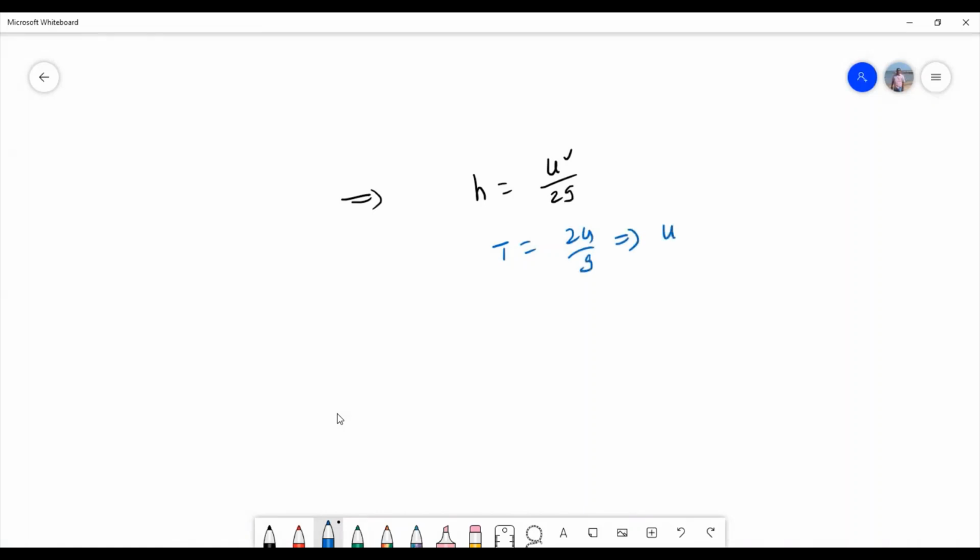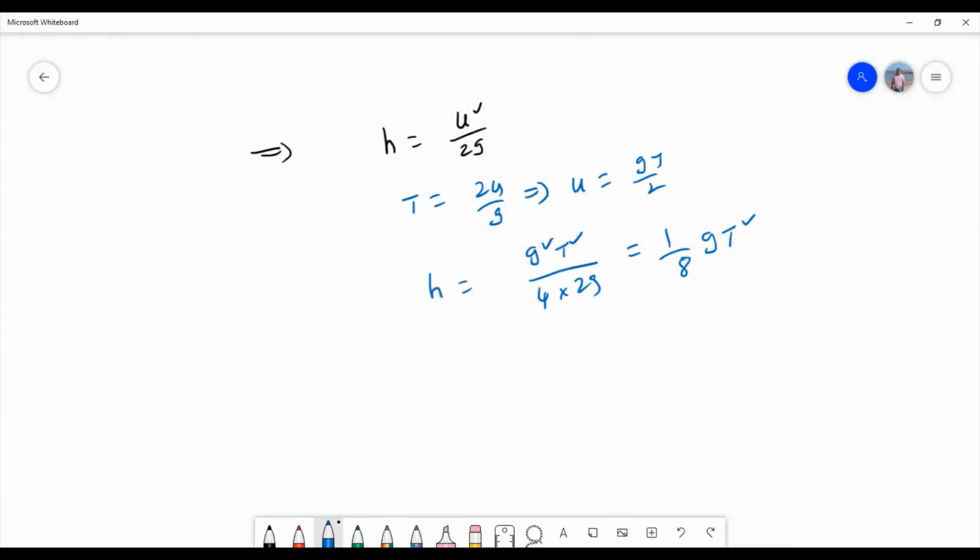This implies u is equal to gt upon 2. So let's substitute here. This becomes g square t square by 4 into 2g. So simply I can say 1 by 8 g t square. This is an important application. When we solve problems, we can use these identities.